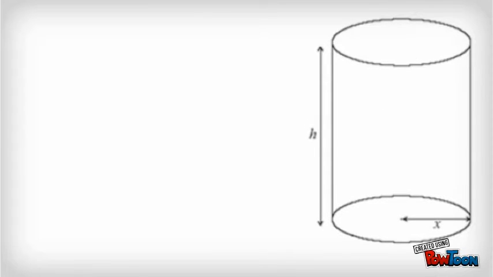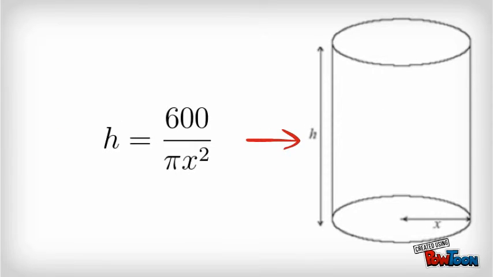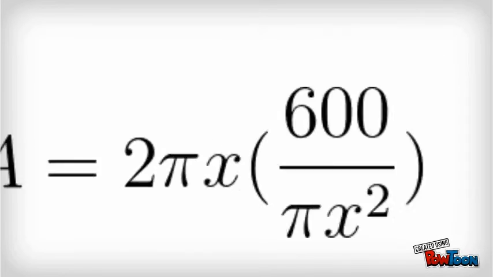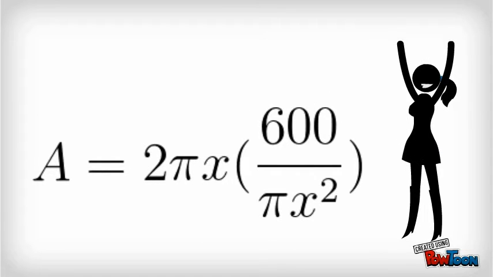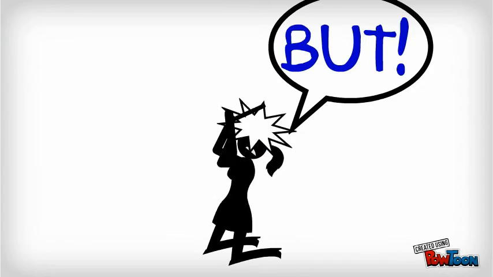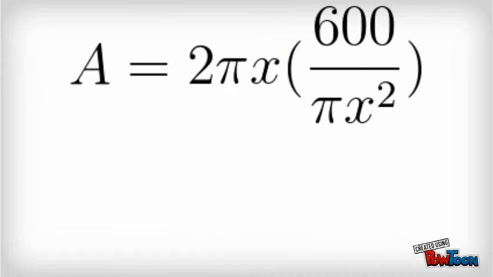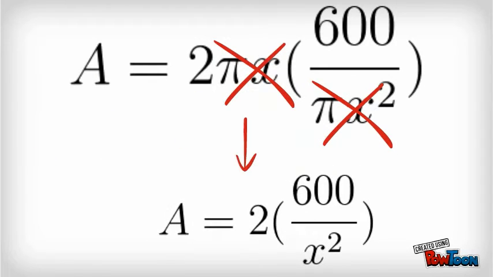Since we already have the height given by the answer in question 7a, we can replace it in this formula. It will look as follows: A equals 2πx times 600 over πx to the power of 2. The answer can be given like this, but since they are telling us to simplify it, we can cancel the πx that is multiplying with the πx to the power of 2 that is dividing.